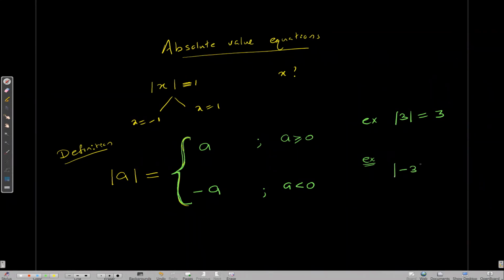Absolute value of negative 3 is 3, right? We know that, but how do we know? This 3 is actually negative 3. So right here, a itself is negative. Because of that, negative a is going to be positive. Now it makes sense, right?